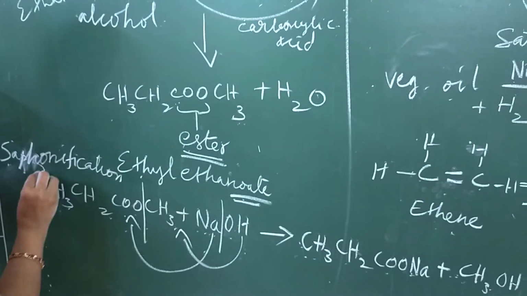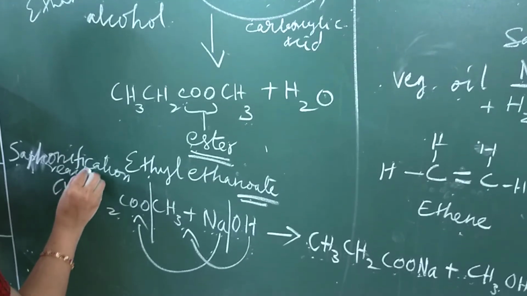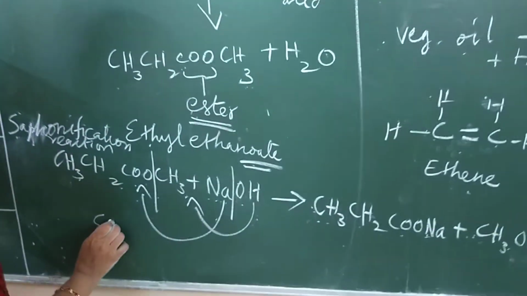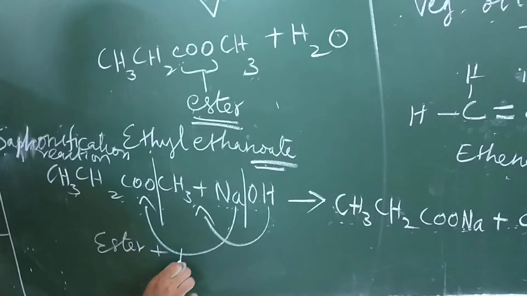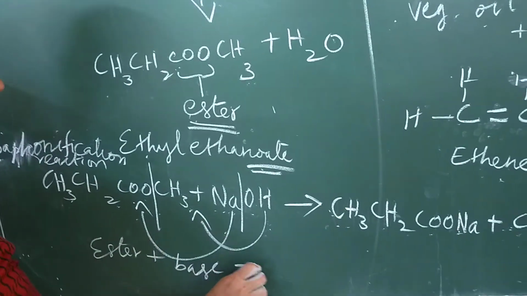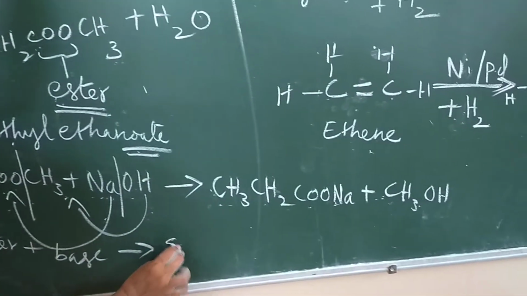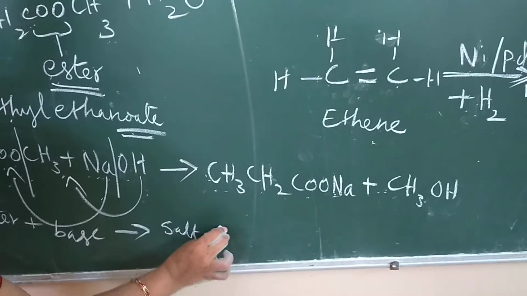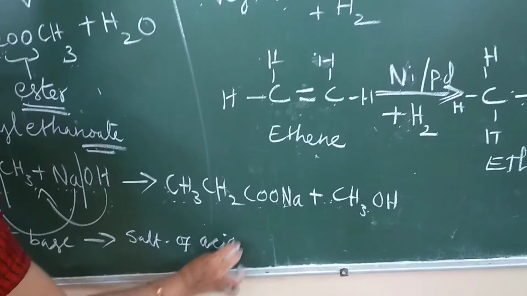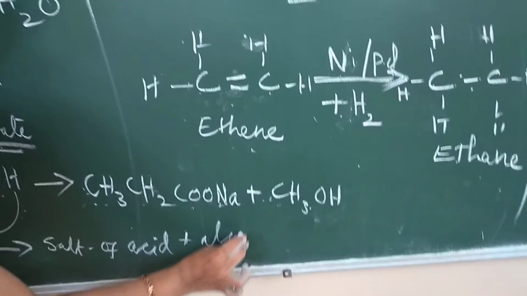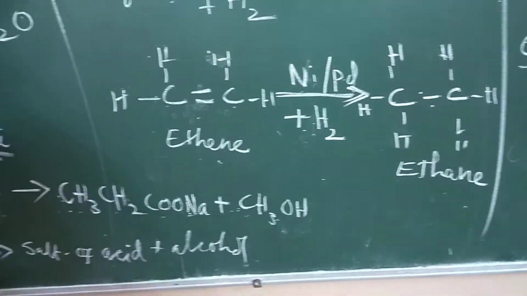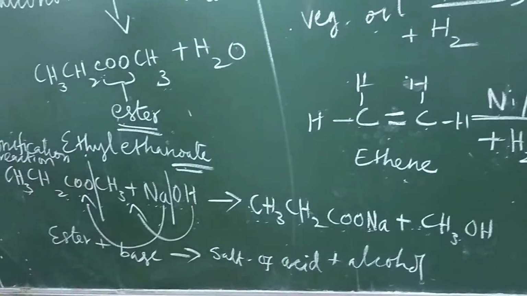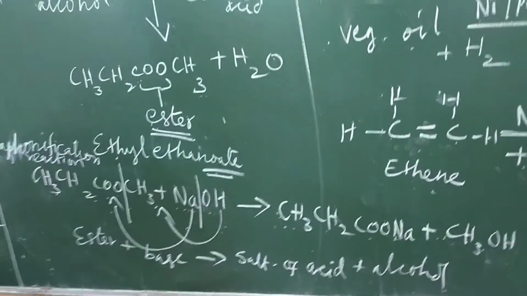Saponification reaction. What do you mean by saponification reaction? Reaction of ester with base to give salt of acid and alcohol. This is only used in the preparation of soap. Soap also is not there for your question.